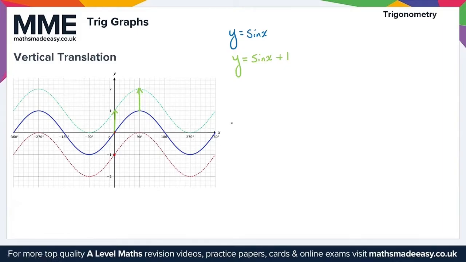So in that case, we'd write this as y equals sine x minus 1. Everything's shifted down 1 unit there. So that gives us our 2 solutions for our 2 vertical translations.